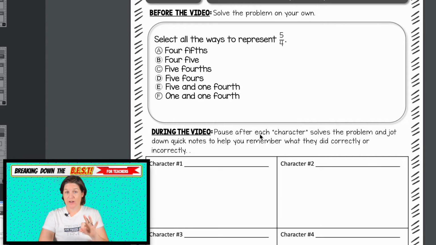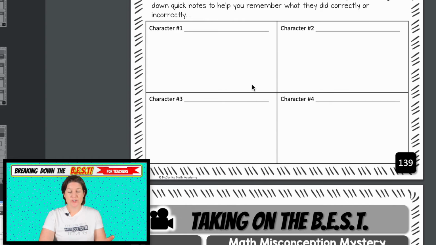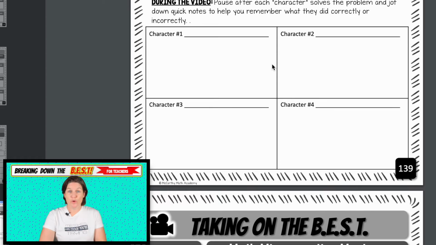Now, 3 of the characters are going to make a mistake that students commonly make, and only one of them solves it correctly. So they've got to listen really carefully to see which character nails it and who is making a mistake. Those characters are just me dressed up in silly costumes with silly accents, and these are so much fun. I'm telling you, once you press play on one of these and roll out one of these episodes, your students are going to be hooked and begging you for more.